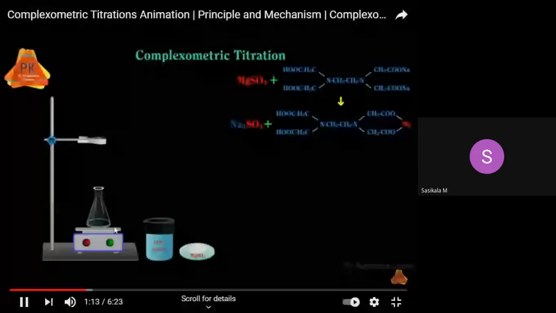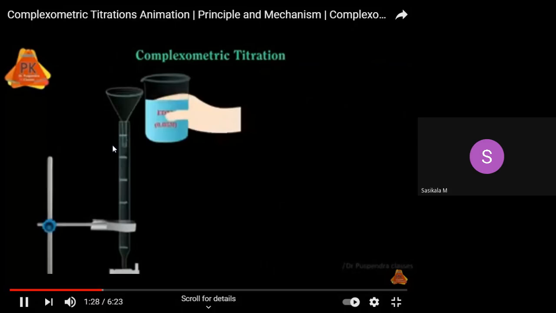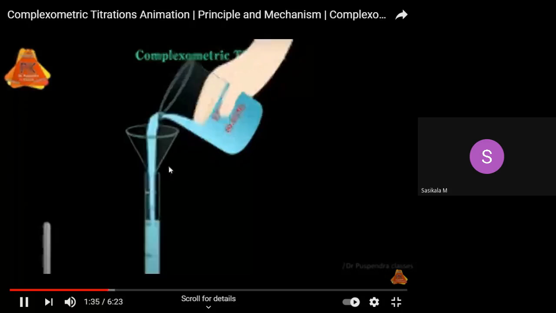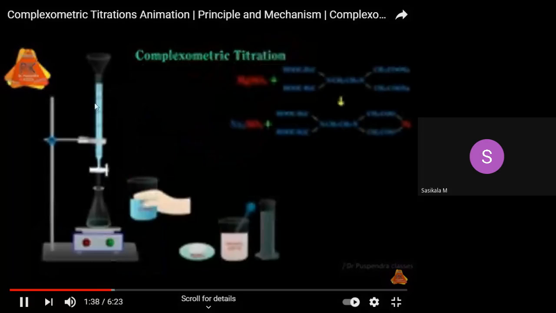Continuous mixing will be done by hand, though you can use a magnetic stirrer also for mixing. First, the burette is filled with the standard solution of EDTA, 0.05 molar, up to the mark 0 to 50. The maximum capacity of the burette is 50 ml.